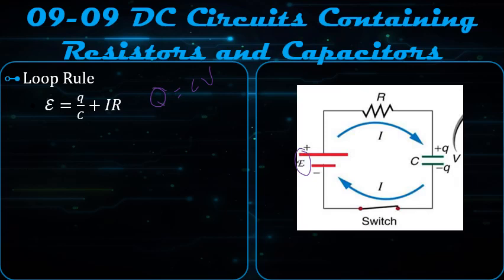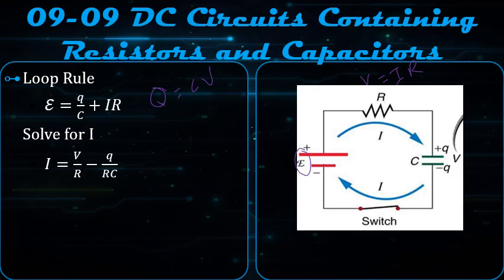And for the resistor, it's V equals IR, so our volts equals current times resistance. So this is the volts of the battery equals the volts being used by the resistor and the capacitor. If I solve that for I, we end up with that.